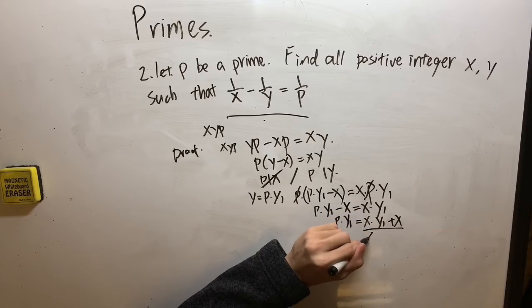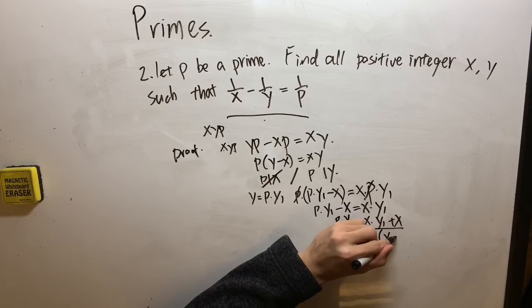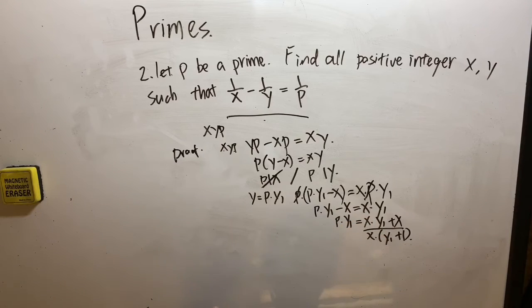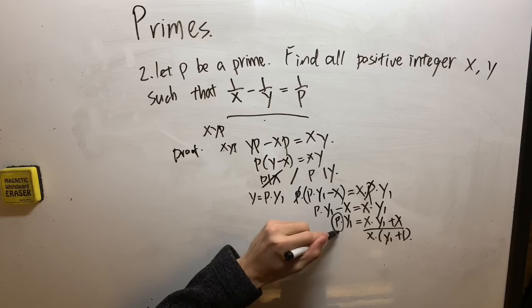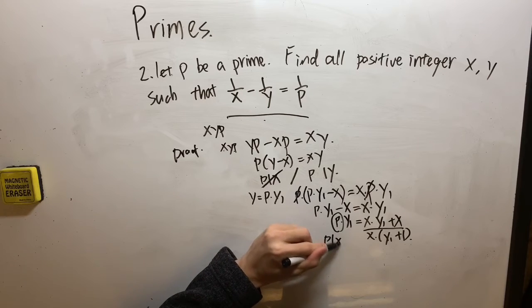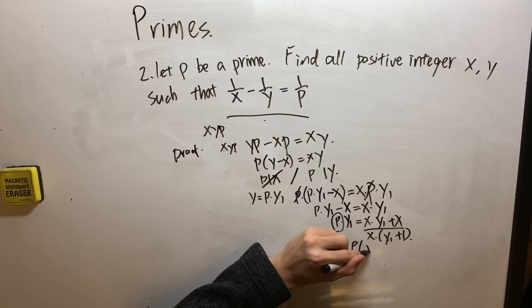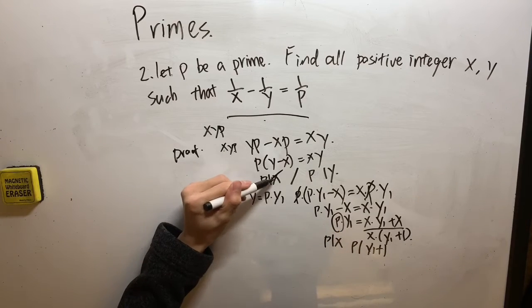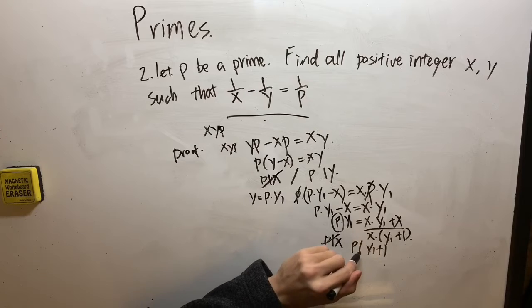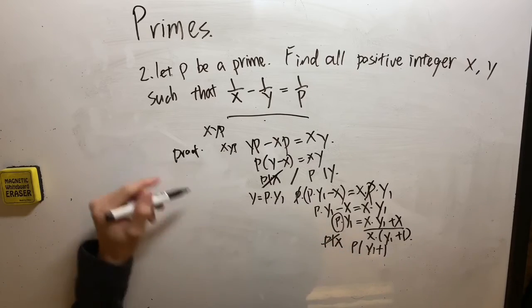This is x times y1 plus 1. Thus, p must divide x, or p must divide y1 plus 1. However, we just proved that p cannot divide x, so p must divide y1 plus 1.